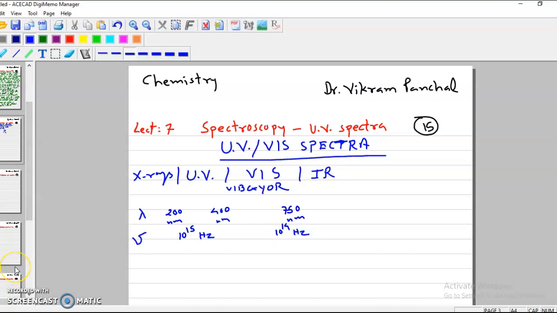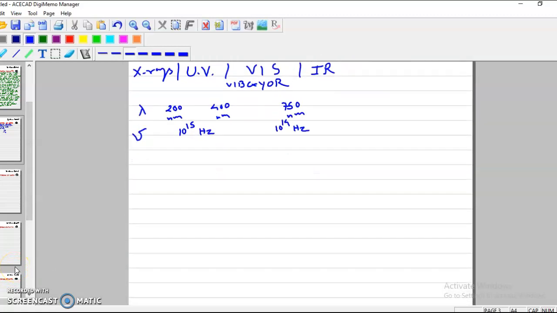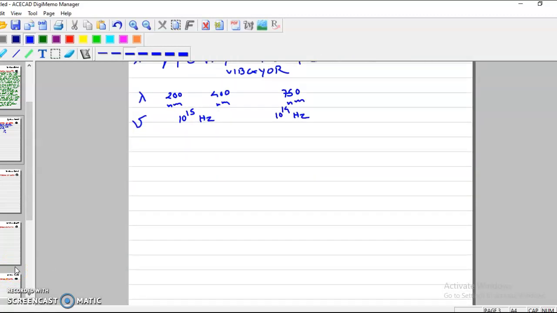Okay. When molecule absorb UV visible radiations, what kind of change appear? That is very important.